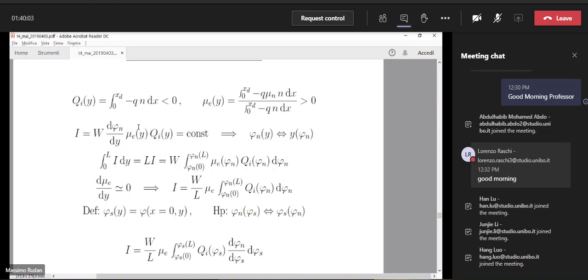Mu E is some function of y that is always positive. Qi is the charge density of electrons, so it is always negative. So in this product, this factor, of course, is a constant, so it never changes sign. This factor mu is always positive, it never changes sign. Qi is always negative, so it never changes sign, and the product must be a constant.